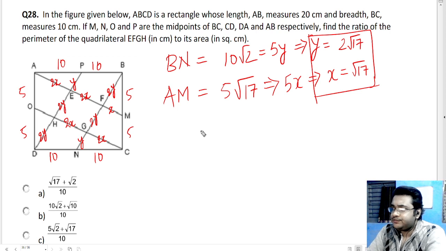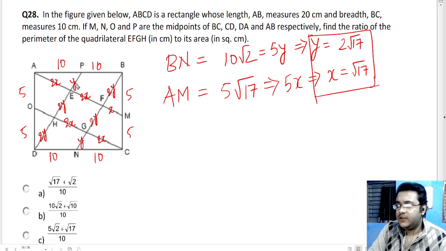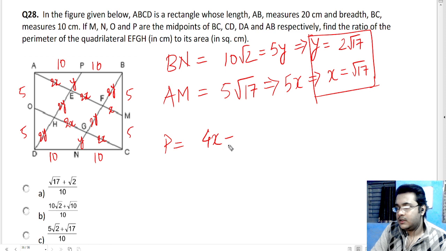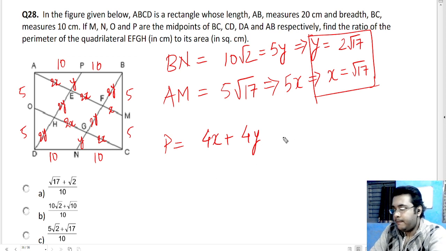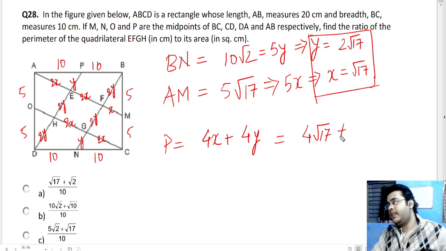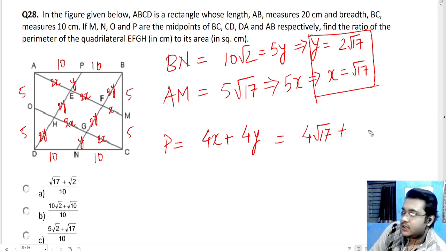Now, the idea is that we are supposed to calculate, first of all, the perimeter of EFGH. So the perimeter is equal to 2x plus 2x, that is 4x, plus 4y. 4x is going to be 4 root 17 and 4y is going to be 8 root 17.